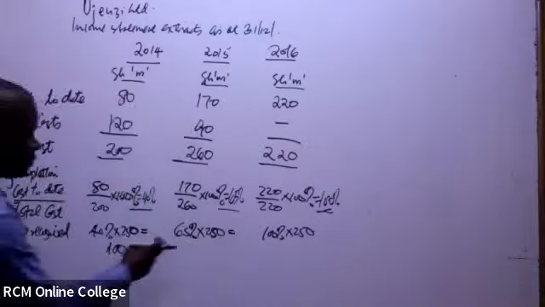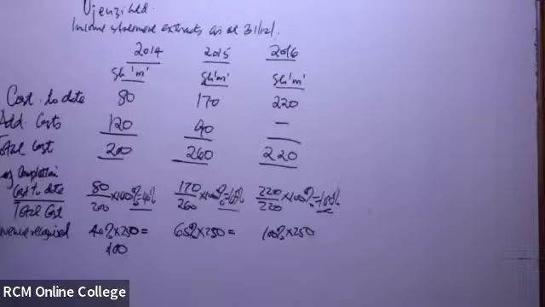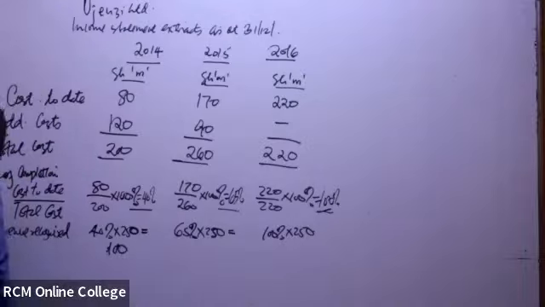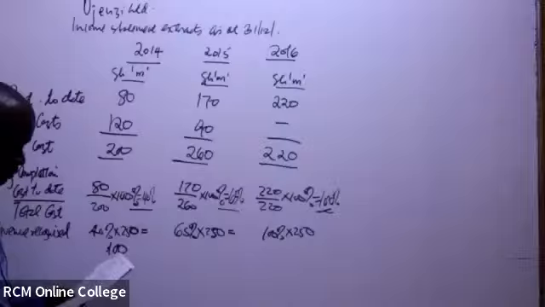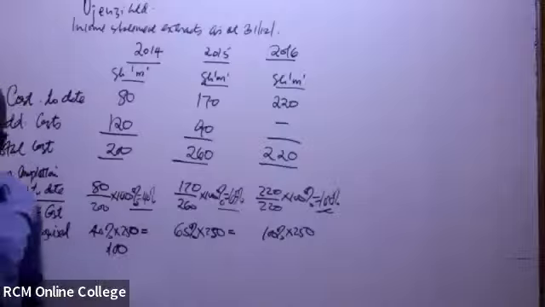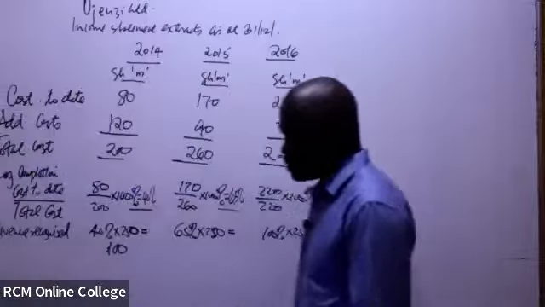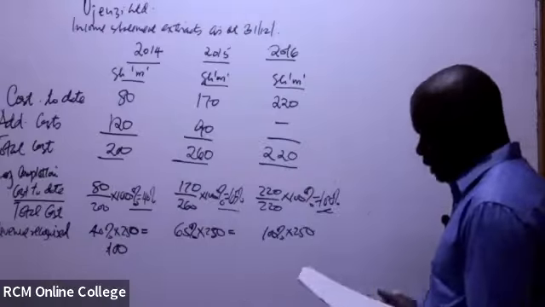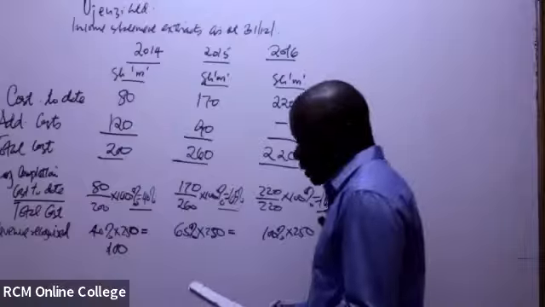This one will be equal to what? 65% of 250, you get, Angela, Cyprian? Is it 163 or 165? You get 162.5. So we can say 163, or 162.5.